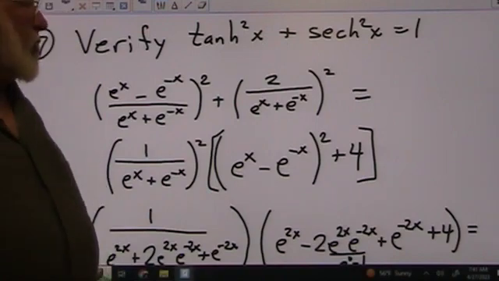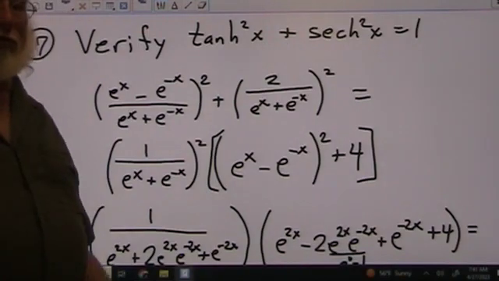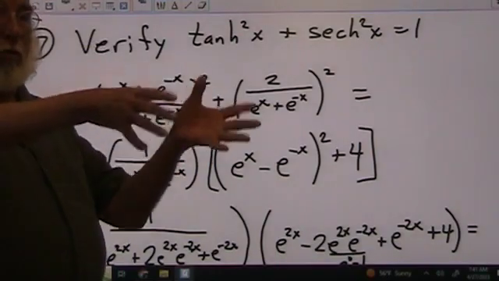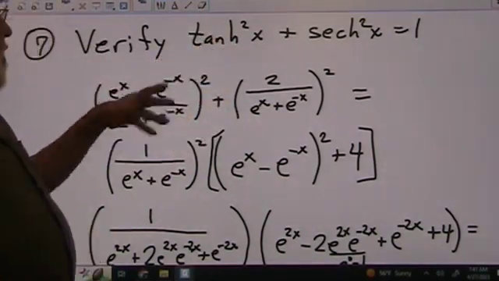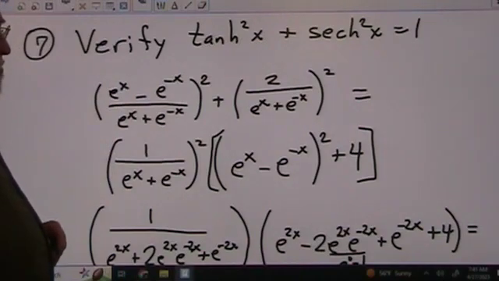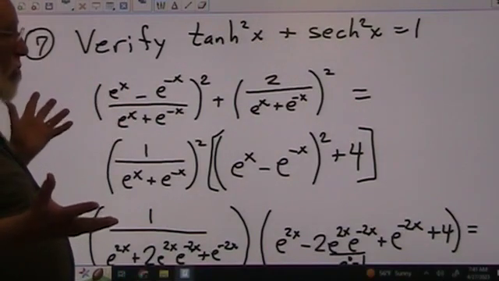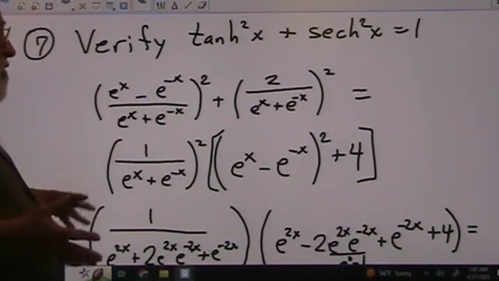hyperbolic point of view. And for this, we're using the definitions of the functions y equals each of these values for tangent, and for secant, only from a hyperbolic point of view. It's the same basic idea.